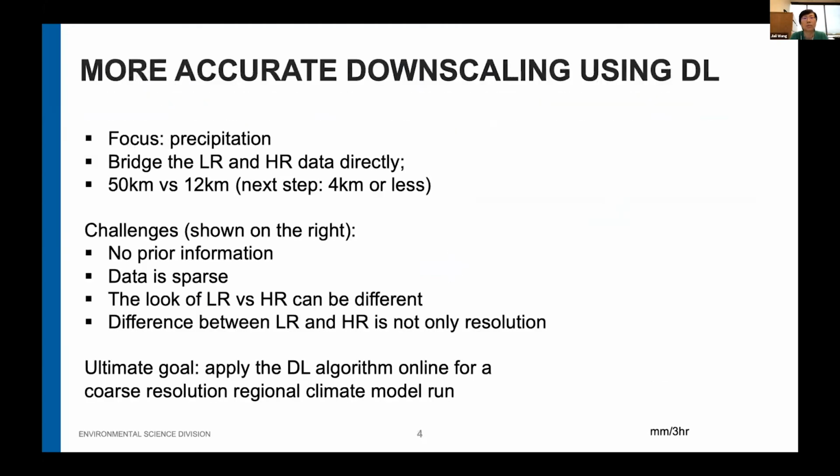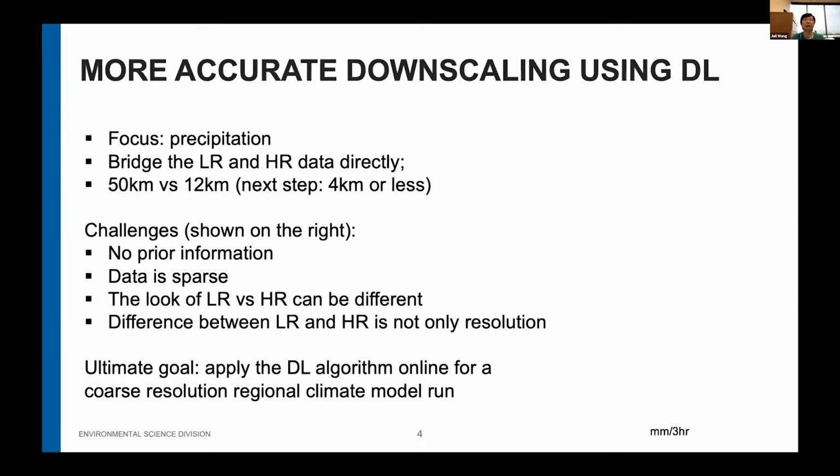So what motivates us here is this: instead of building a super resolution model based on a high resolution data set and then applying it to a global climate model, can we build a bridge to directly learn the relationship between the high resolution and the low resolution regional climate model output?